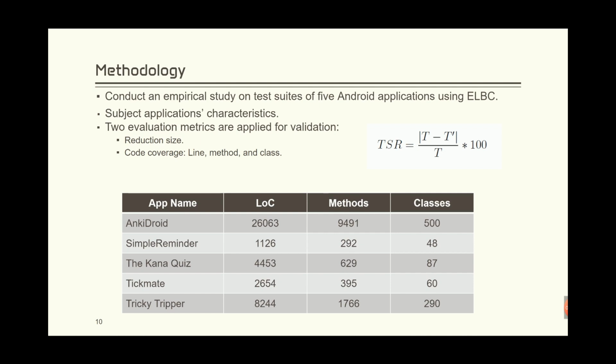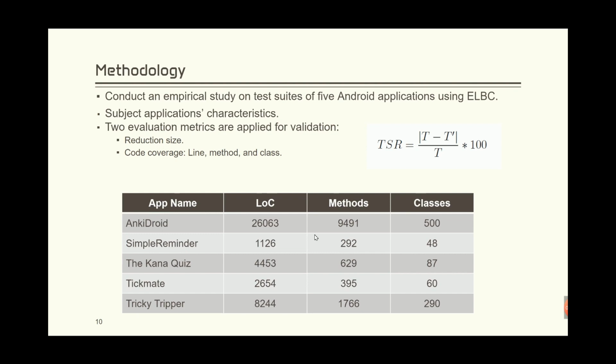First, we conduct an empirical evaluation on the test suites of 5 open source Android applications that are different in size and functionalities. The characteristics of these applications, including the lines of code, methods, and classes, can be seen in this table.